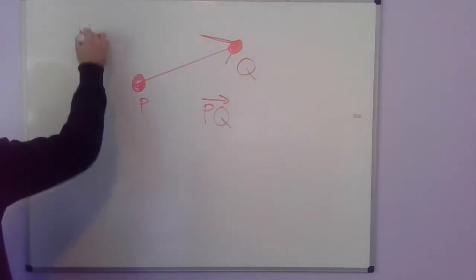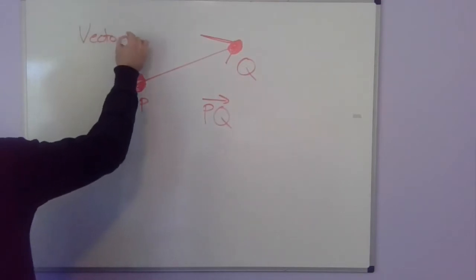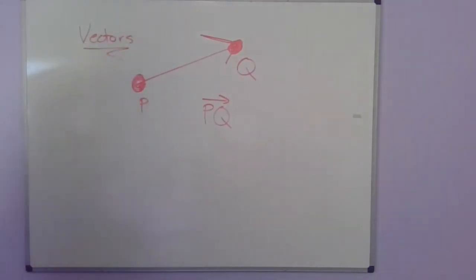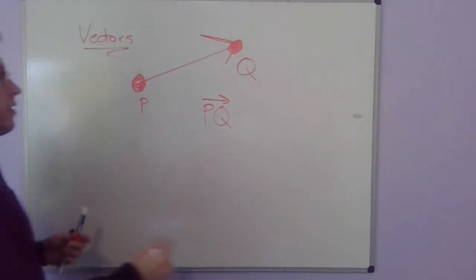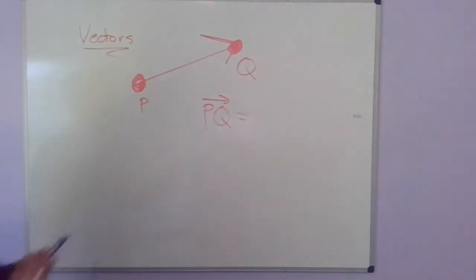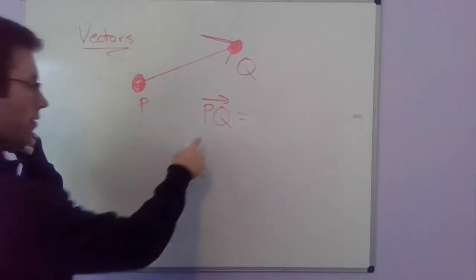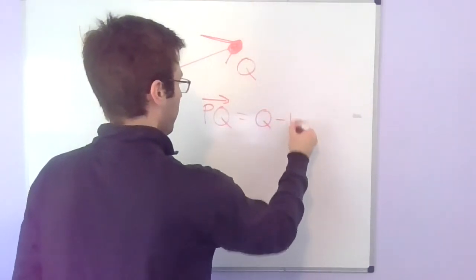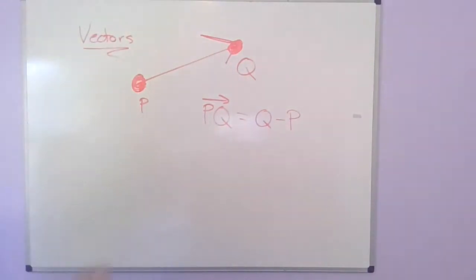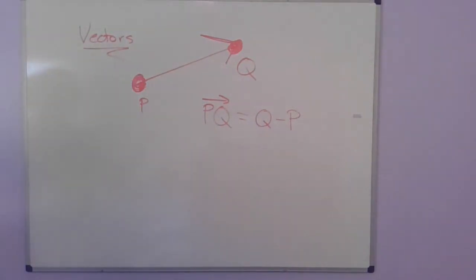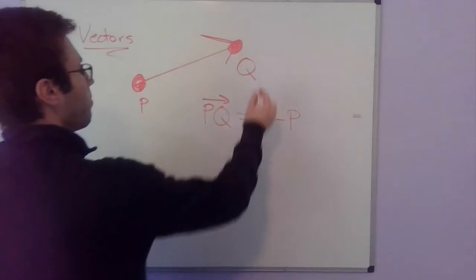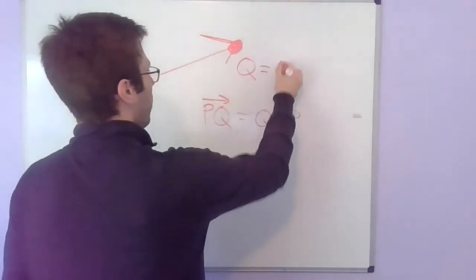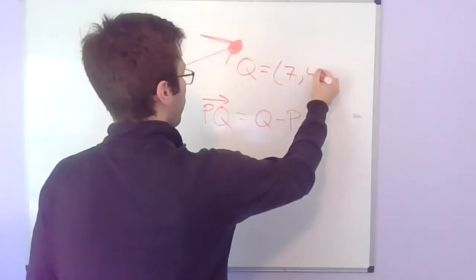All right, so we're talking about vectors here, first off. And we always, and this is kind of strange, but you just get in the habit of doing this, define the vector from P to Q as being Q minus P, the point Q minus P. So let's say the point Q here was (7, 4).